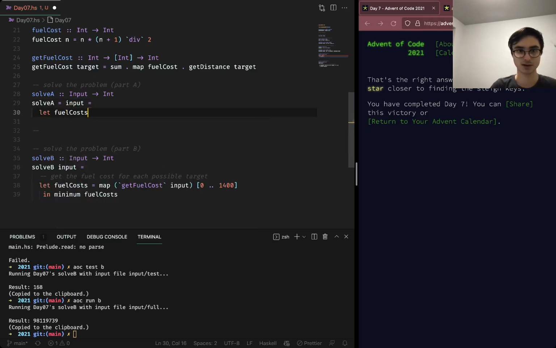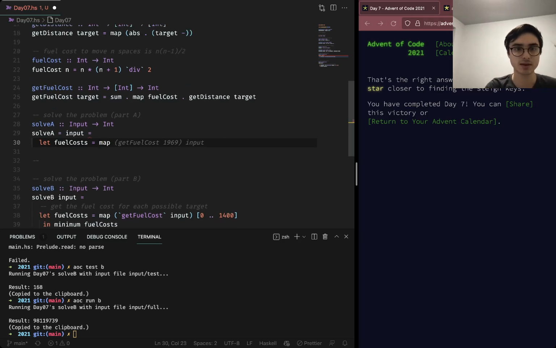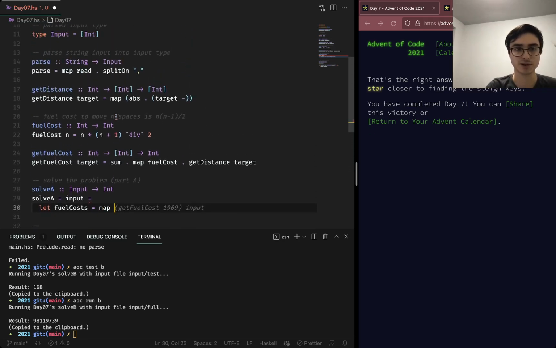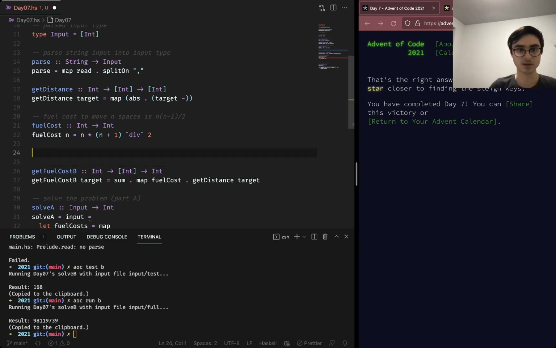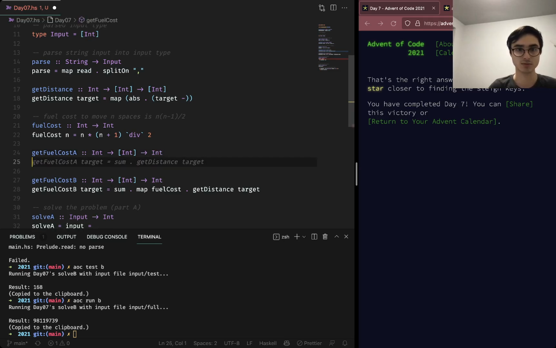Let fuel costs equal map, and this will be a little bit different. Let's call this get fuel cost B, and let's call get fuel cost A. Int is going to be, yeah.